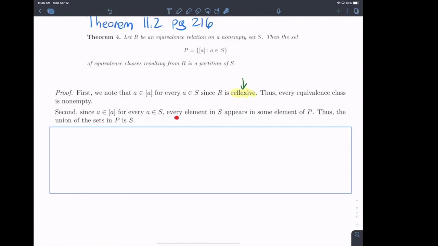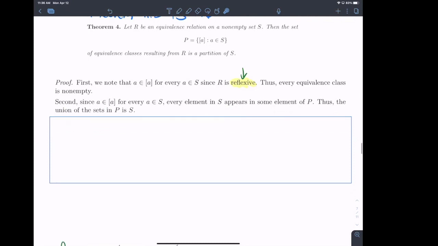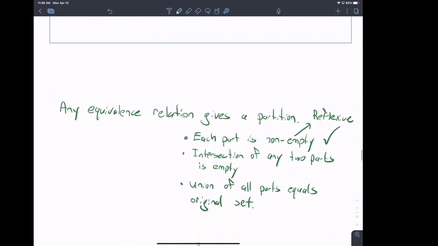So that means every element of S appears in some part of P. Sorry, I'm skipping down to the last property. This tells us that if we take the union of all of these equivalence classes, we get the entire set S back, since each element is in its own equivalence class. So every element is accounted for. Both of those things really come from the reflexive property, I should say.